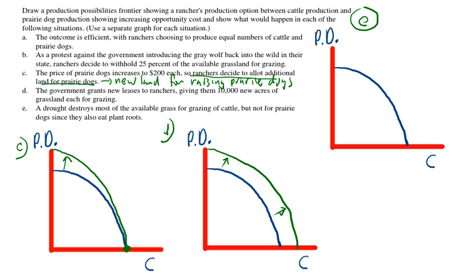But cattle are going to be affected. So now we used to be able to produce this many cattle at maximum, but now less because we don't have as much grass. The drought destroyed the cattle's grass. So this has moved in, and prairie dogs are not affected.